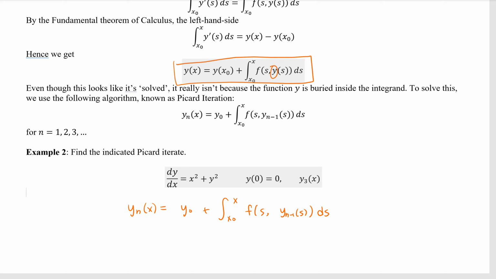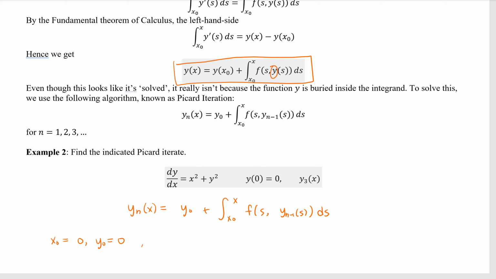First step, what is x0? Well, x0 is 0, and y0 is, in this case, 0. So far, so good? In our previous example, y0 was 1, but here we pick a different initial point, so we get the origin.